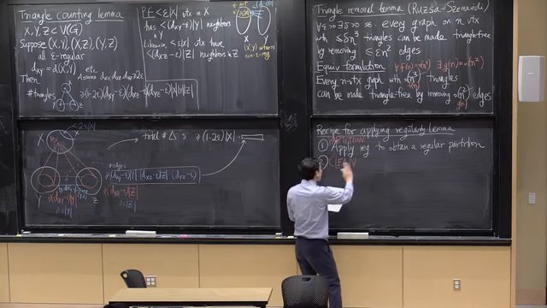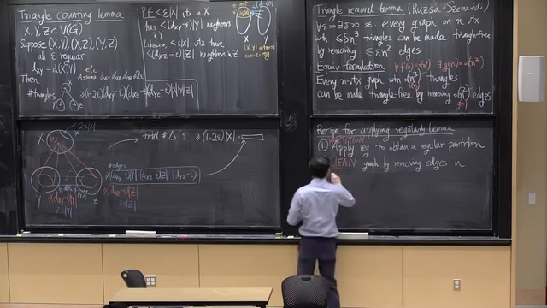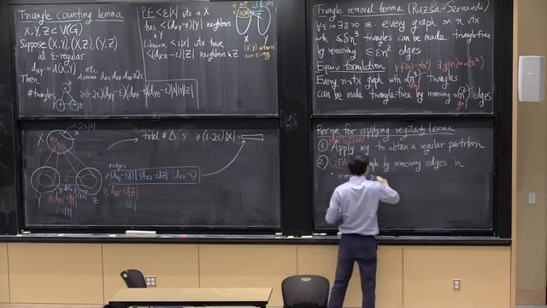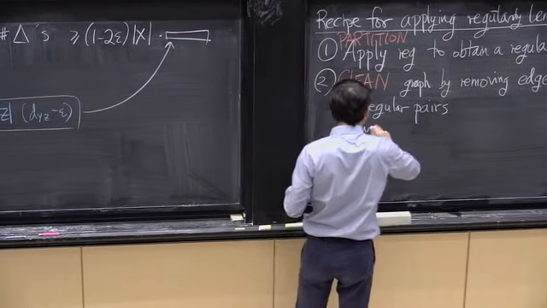So we're going to clean the graph by removing edges in irregular pairs and low density pairs.